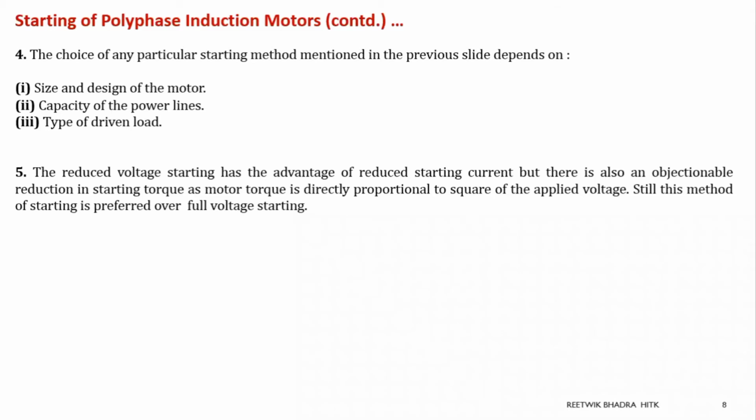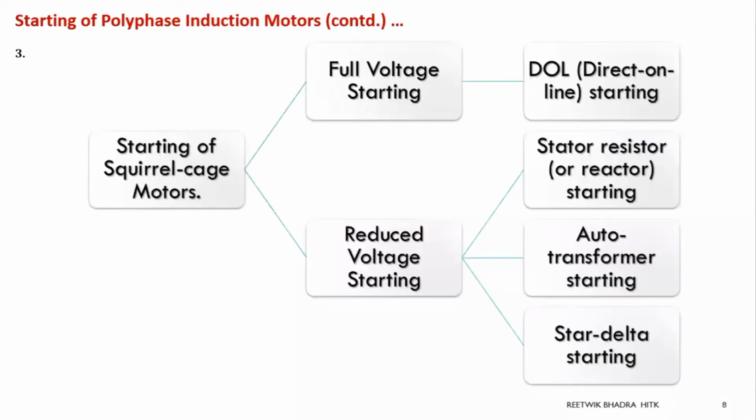There is one advantage: we have full voltage starting and reduced voltage starting. Now, if I give full voltage, suppose 440 volt, then the current will be according to that only. For 440 volt, 10 ampere current will flow. So for a very high voltage, a high current will flow. At the starting only, it may damage.